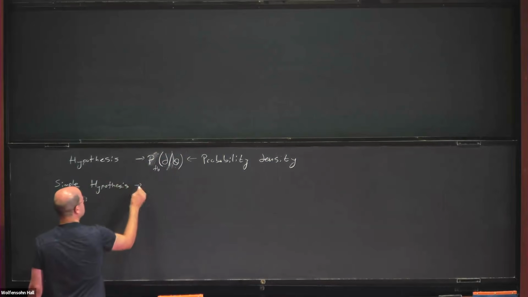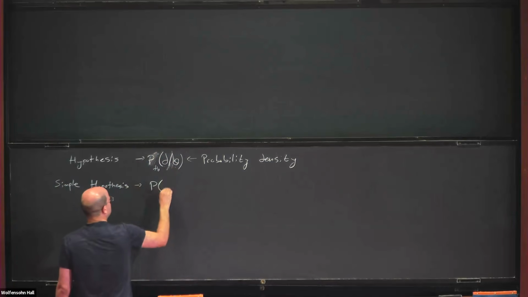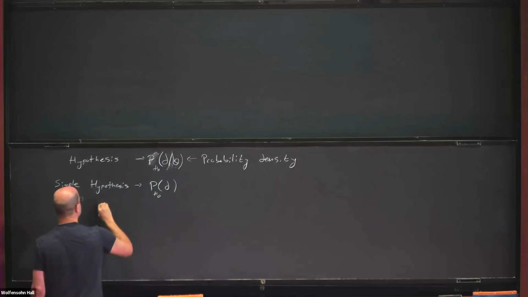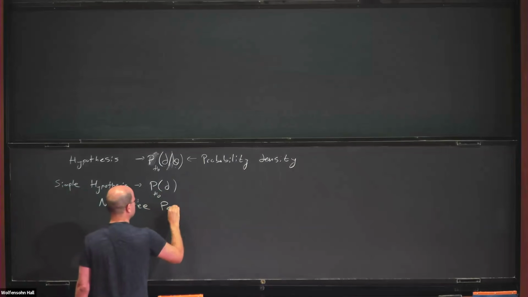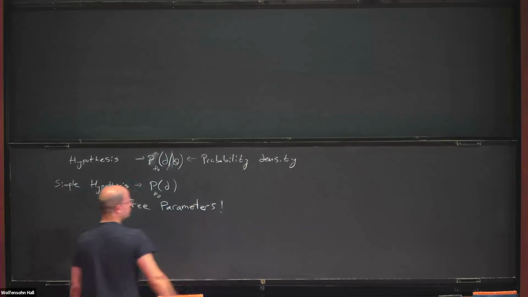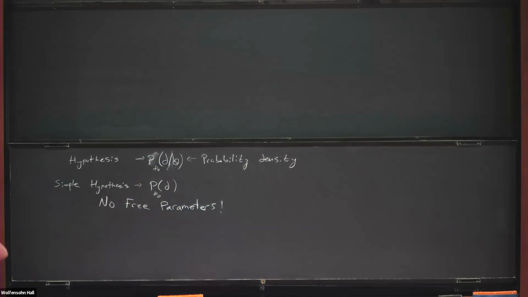A simple hypothesis is a probability distribution such that there's no theta, no free parameters. Okay, that's a simple hypothesis. A hypothesis that has a theta is called a composite hypothesis. Okay, so why are we talking about this?